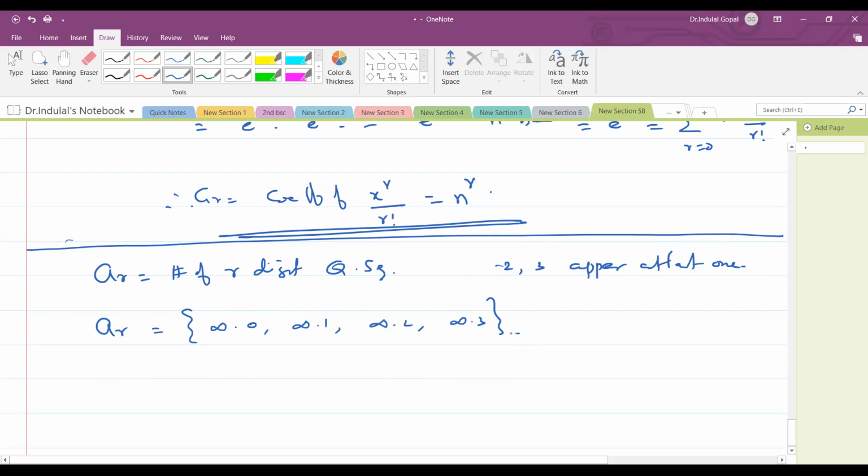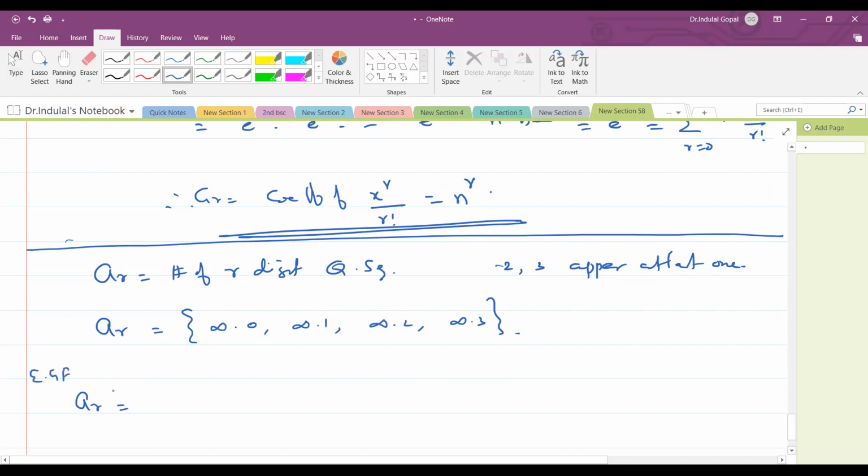What is A_r? A_r is the coefficient of x raised to r by r factorial in the exponential generating function for A_r, because A_r denotes the number of permutations. So first we will find the exponential generating function.